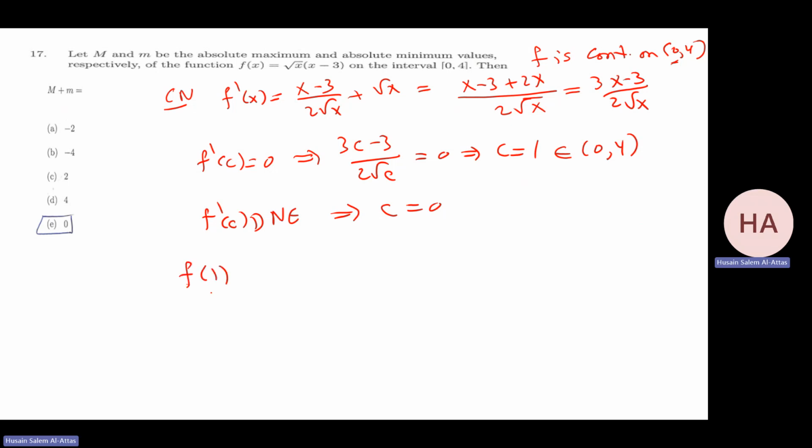So I have f of 1, f of 0, f of 4. F of 1 will be what? Square root of 1 minus 3, that will be minus 2. F of 0 is 0.